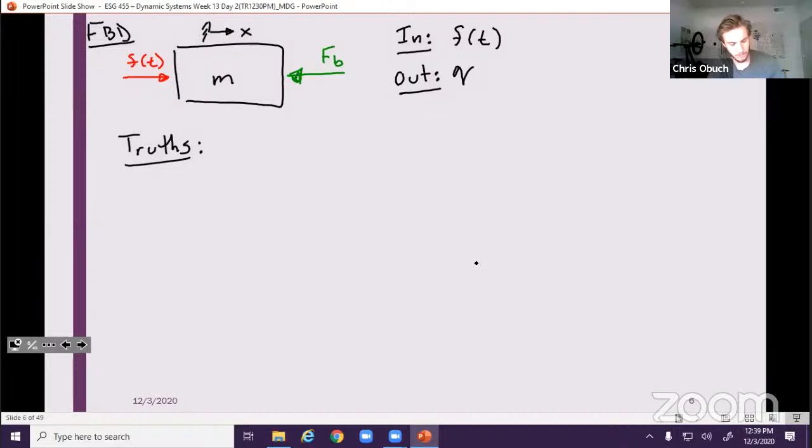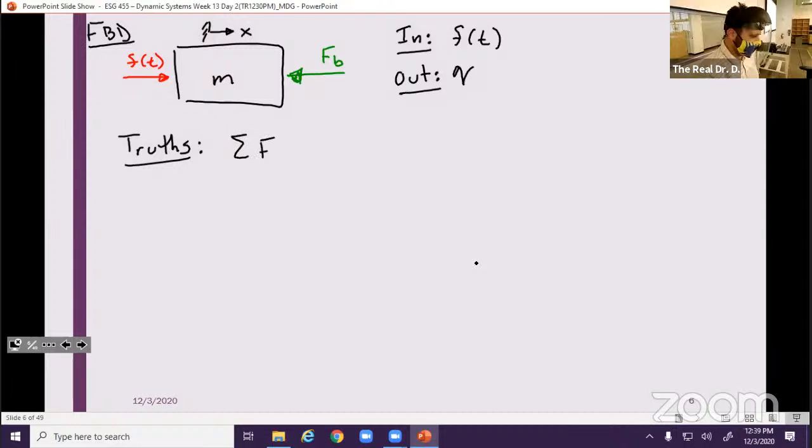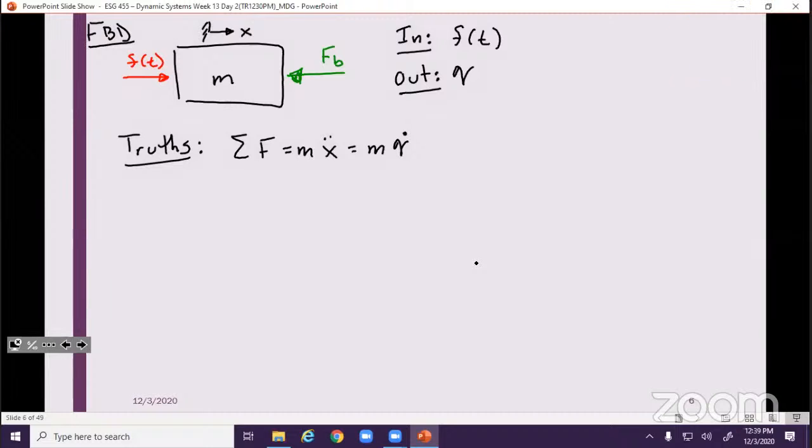Sum of the forces equals m x doubled up. Yes. That's an excellent one. But Chris, I'm going to write it in terms of velocity since we have output velocity. But good. Very good. Yeah, what's that letter again? I'm sorry. It's just not dotted. That's a V, for velocity.